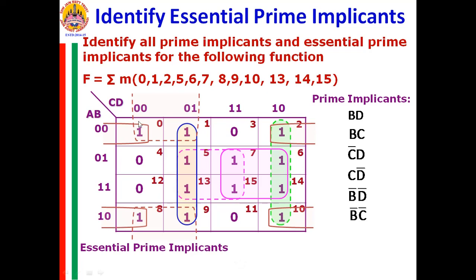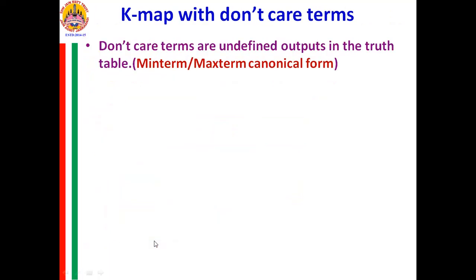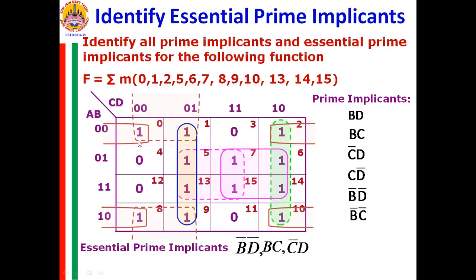Right now I have considered these 3 groups of quads which are the essential prime implicants and cover all the ones of this function f where the function evaluates to 1. So the essential prime implicants are B bar D bar, BC and C bar D. As I said, you can also form the quad with this, which is not part of this equation, that is the remaining 3.